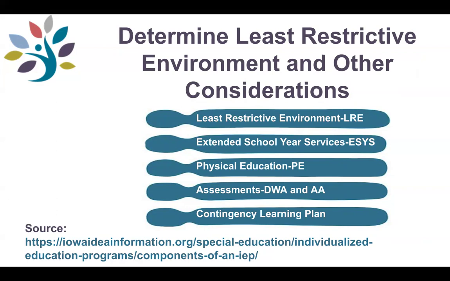Many times there are accommodations for testing, not only for the district-wide assessments, but also the state assessments. And then new to our system since COVID has been the contingency learning plan. So if instruction would need to go to hybrid or virtual, we have a plan already made for your child so they can still receive special education services.